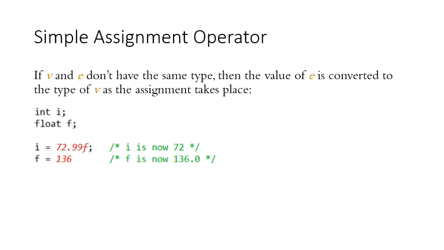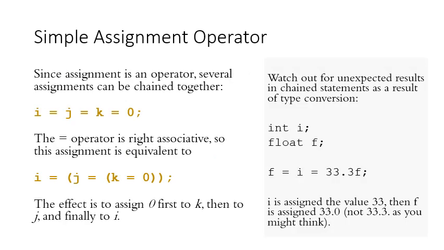Since assignment is an operator, several assignments can be chained together. The operator is right associative, which means we are grouping from right to left. This assignment I equals j equals k equals 0, semicolon.